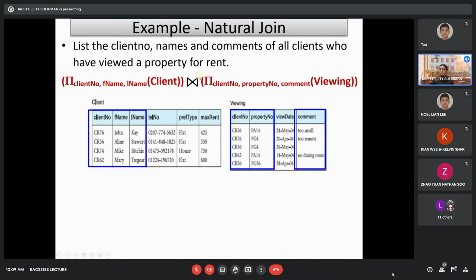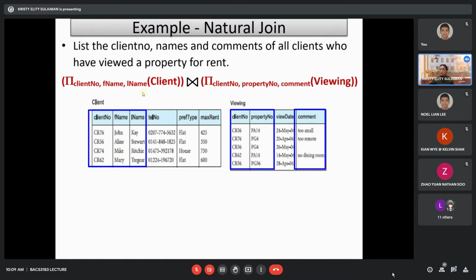Here R is client and S is viewing. First we do the projection. We get the attributes client number and names, the first name and last name, from client.